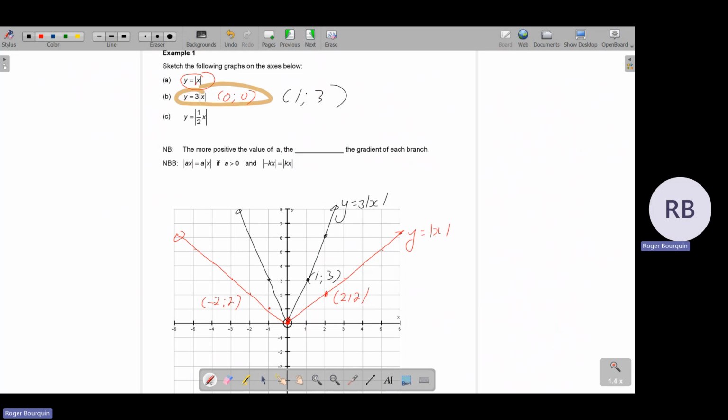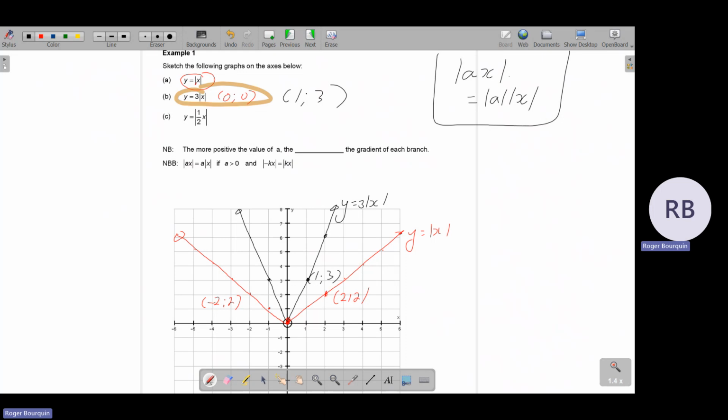Now, just one thing which is important, guys, which is worth remembering. If you've got the absolute value of ax, it means the same thing as the absolute value of a times the absolute value of x. That's an important idea. It'll make your life a lot easier.